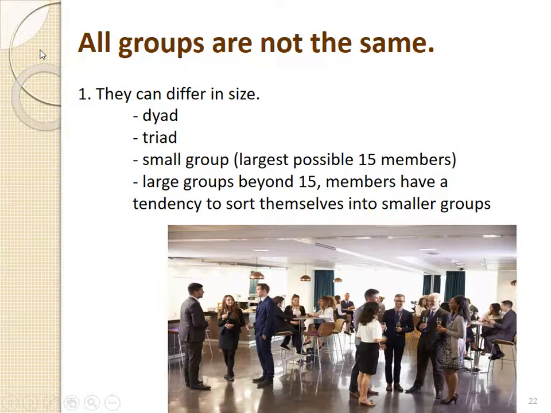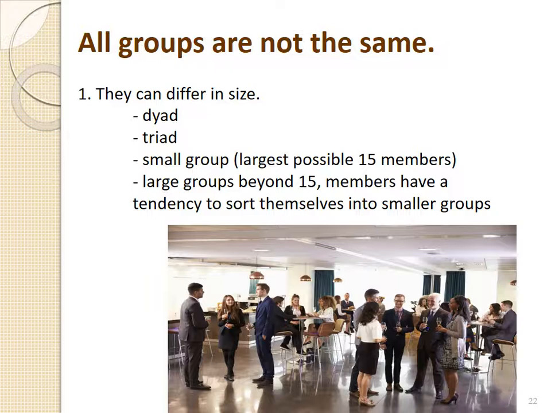All right, again, some of this is obvious, but if I'm not specific about it, my fear is that you'll feel like I left some important parts out. So, all groups are not the same. They exist for a lot of different reasons.